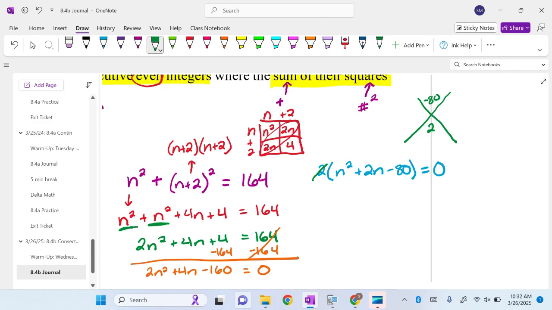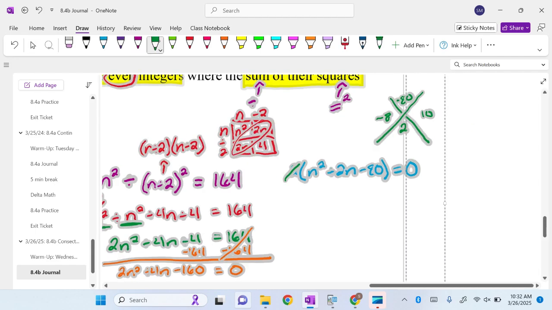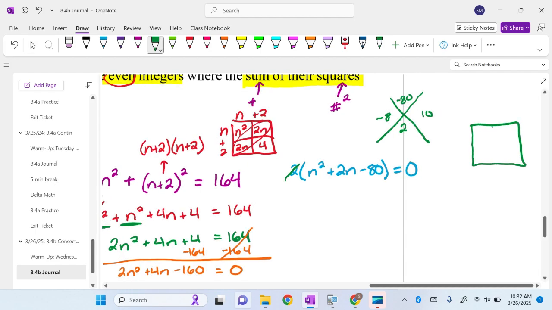8 and 10. And one of them has to be negative because we have a negative product. So which one has to be negative to get positive 2? The 8 has to be negative because we want a positive number when we add them together. So I can now do a reverse box. We're almost done.